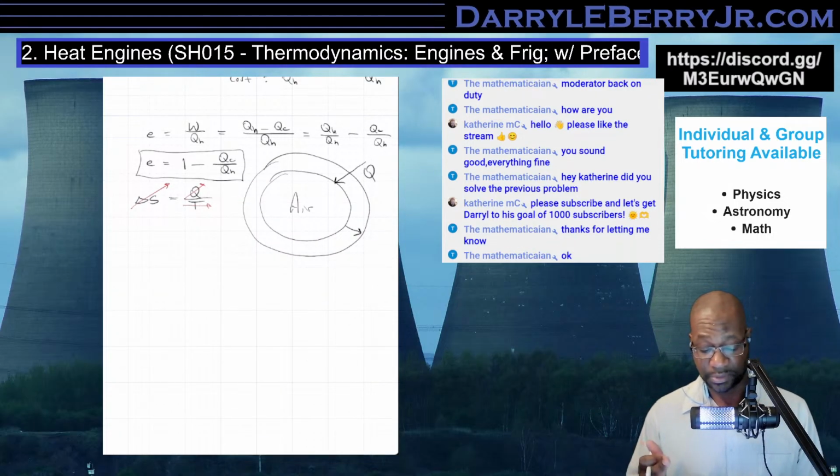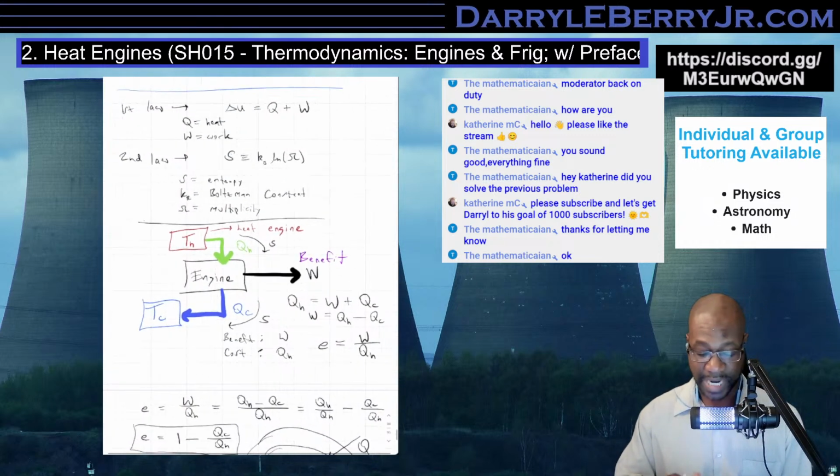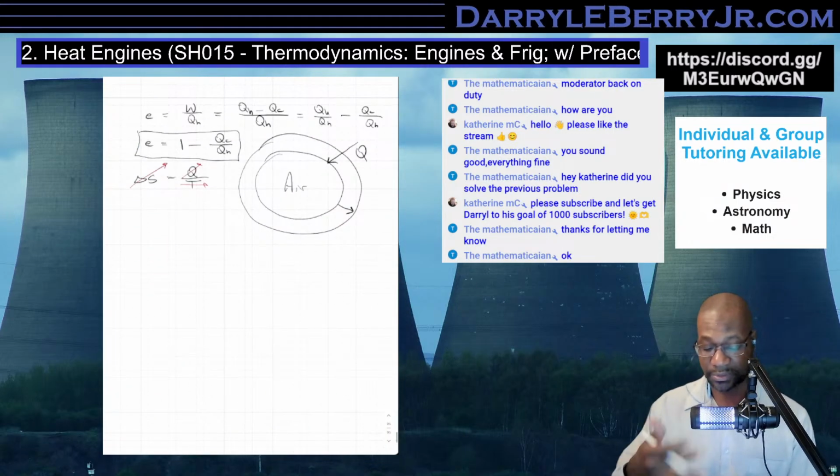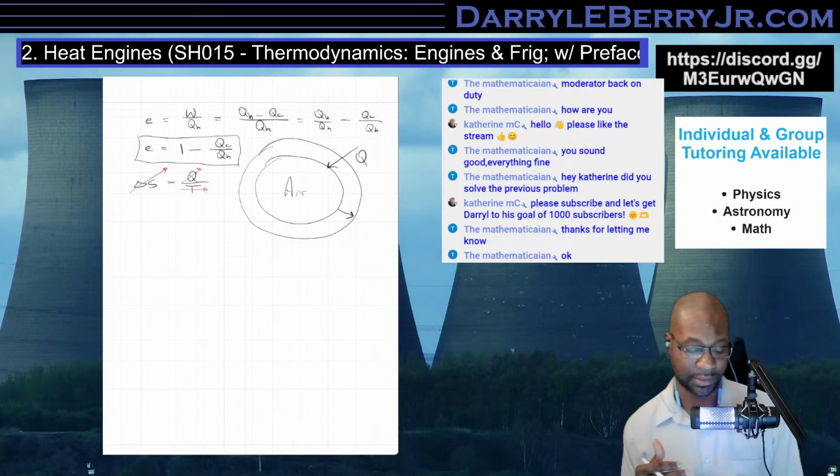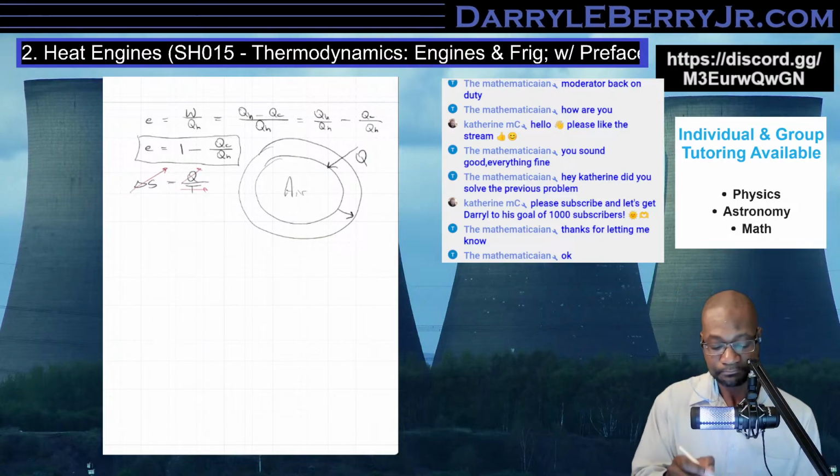So we have that. Similarly, if the temperature goes down, but the energy stays the same, we can say the entropy goes up as well. But here we're just talking about the heat because we see that we're pulling heat into the engine. The engine is pulling heat in, so we know that the energy is changing.